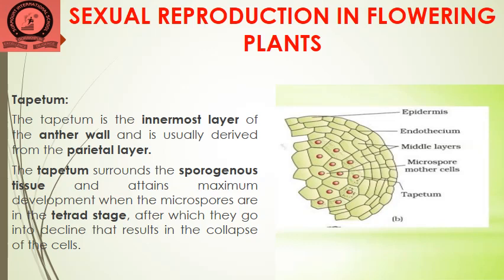The innermost layer is the tapetum. It is the innermost layer of the anther wall and is usually derived from the parietal layer. The tapetum surrounds the sporogenous tissue and attains maximum development when microspores are in the tetrad stage, and finally when microspores turn into pollen grains, all these cells degenerate.